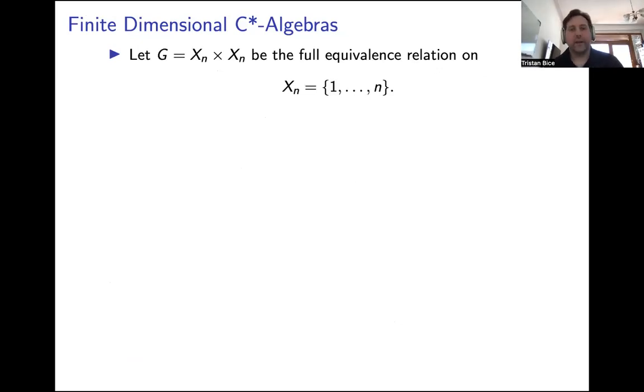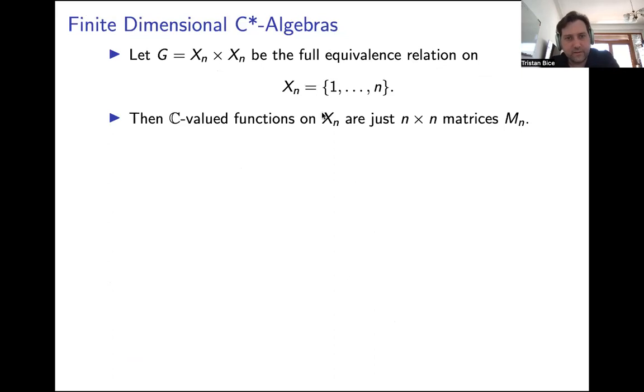So let's look, for example, at a quite instructive example where you look at the full, or I guess you might say total equivalence relation on some set of n elements. So put another way, you're just looking at all pairs where the elements are ranging from 1 to n. So the C-valued functions on G here, this should be Xn times Xn, sorry, these could be viewed as n by n matrices.